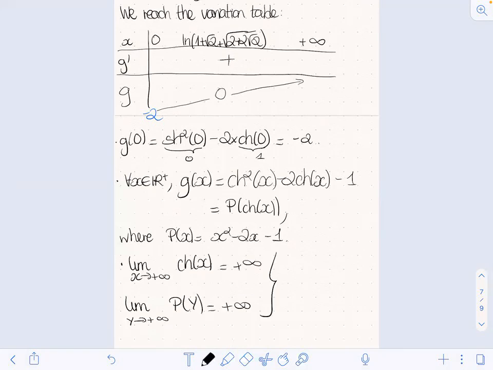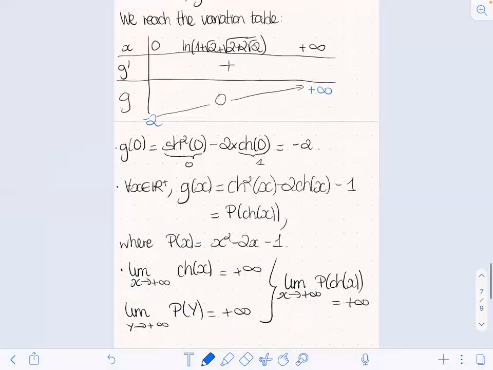So if we use composite limits, we get limit when x goes to infinity of p of ch of x, that's equal to plus infinity. So this limit here is plus infinity.